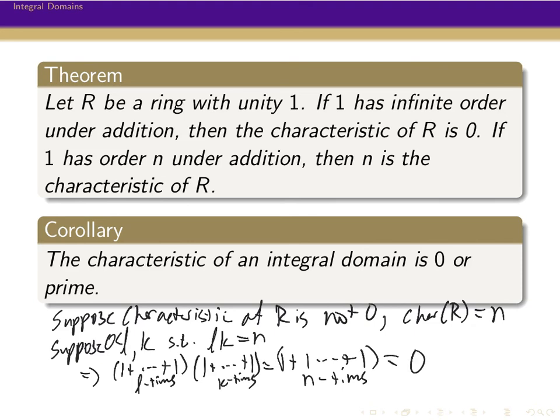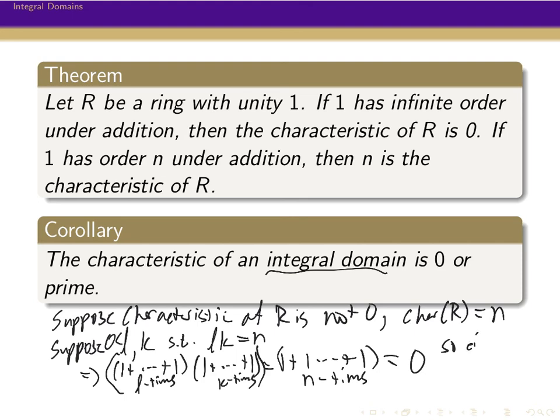And so if we have two elements of the ring multiplied together equals 0, since we're in an integral domain, the only possibility is that one of them had to already be 0.